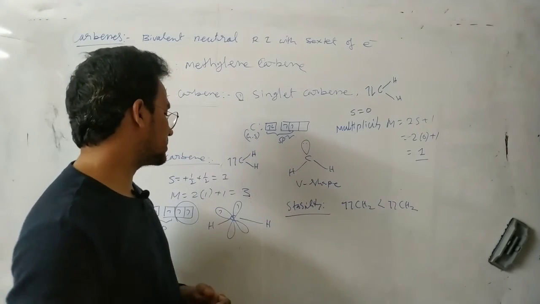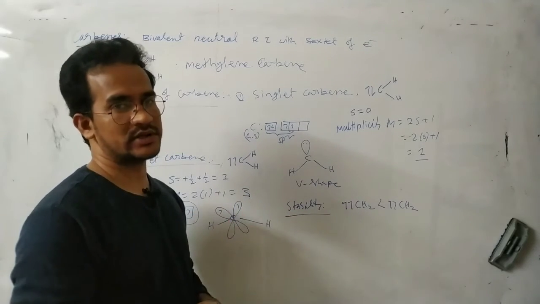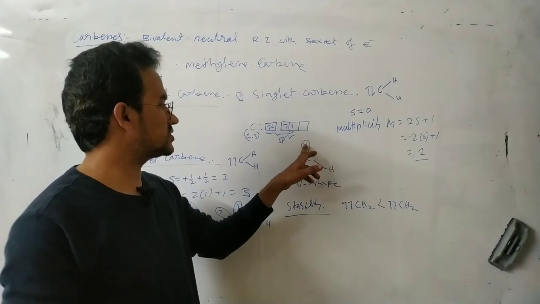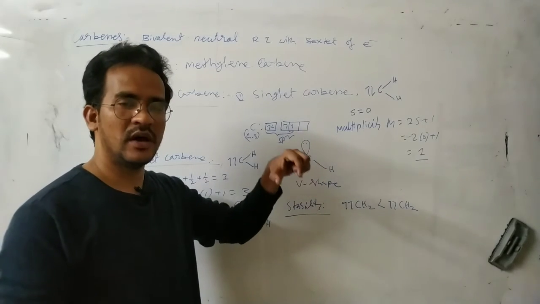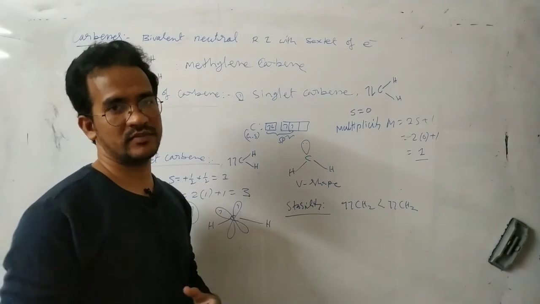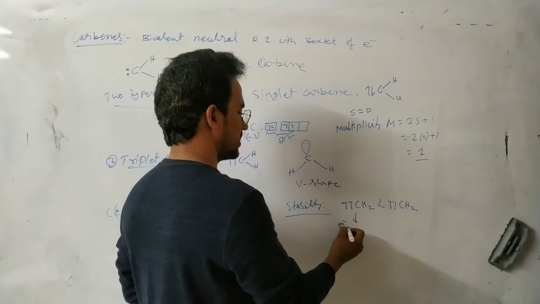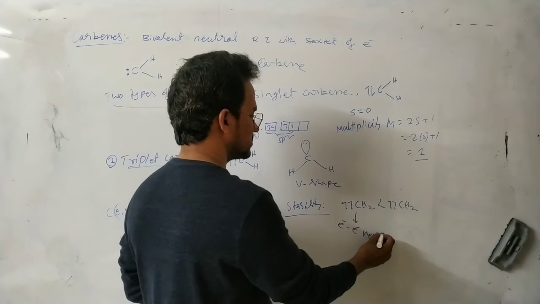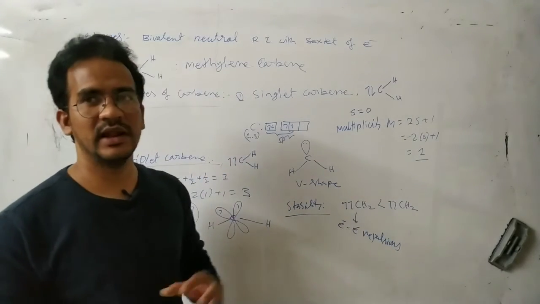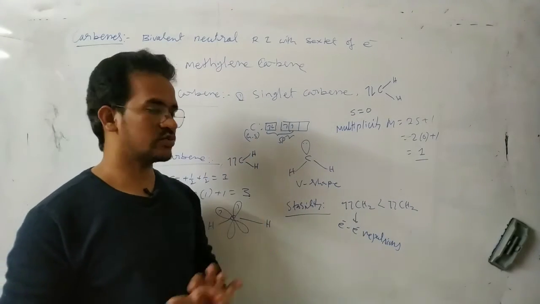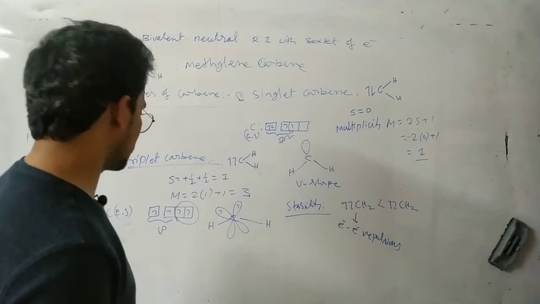In triplet, the electrons are present in two different orbitals, but in singlet, two electrons are present in one orbital. That means more electron repulsion. Electron repulsion makes the Singlet carbene very less stable when compared with the triplet carbene. But interestingly, see this one.